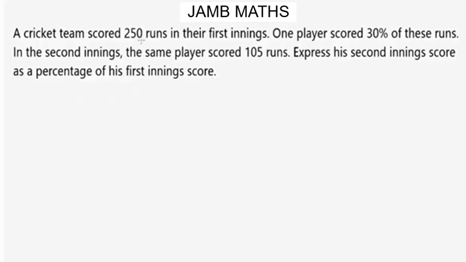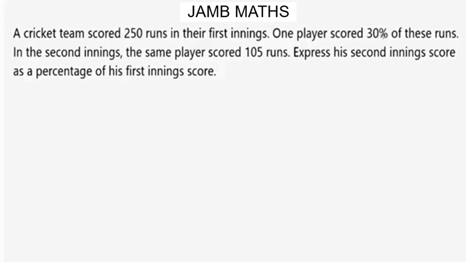Now, the first thing you have to do is to find the value of the first innings of the player that scored this 30%. To convert this 30% of these ones, that's these ones of the cricket team. The cricket team scored 250 runs in their first innings.